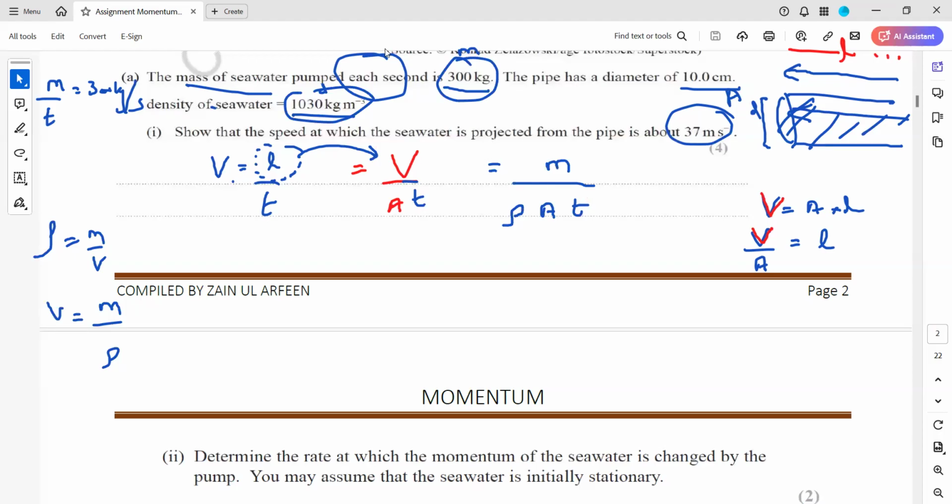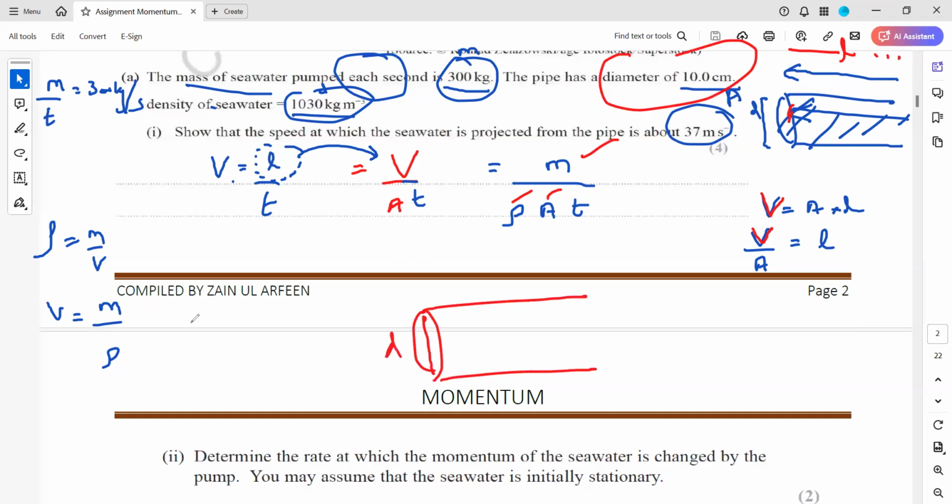So what about the mass? I have the mass, which is 300. I have the density, which is 1030. I have the area. How to get the area of the cross section? Because I have a diameter. So if I have a diameter of a pipe, I can work out the cross-sectional area, which is pi r square or pi d square by 4.